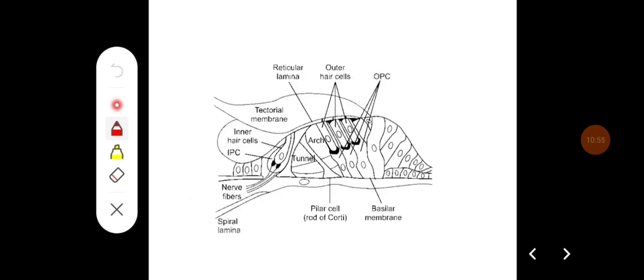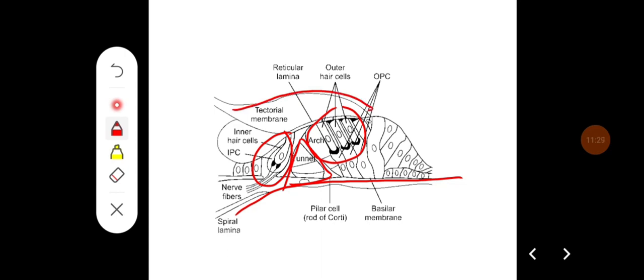So this is the structure of the organ of Corti, which is based on the basilar membrane, and it is made up of a tunnel, medial to which we have the inner hair cells and lateral to which we have outer hair cells. Inner hair cells are less numerous compared to the outer hair cells, and the tips of the hair cells are embedded in the tectorial membrane, mainly that of the outer hair cells.